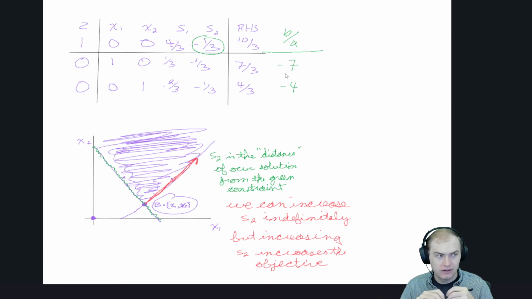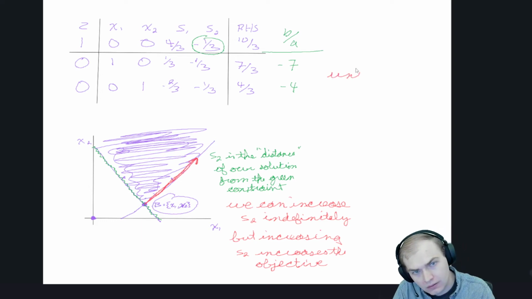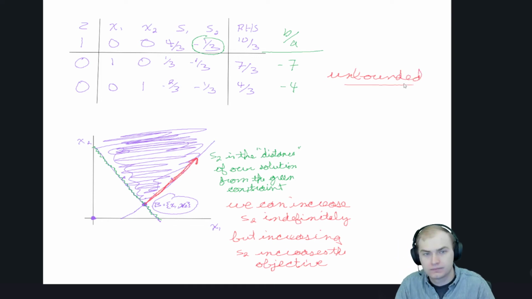So that's how we can identify an unbounded problem. So there's that. Are there any questions relating to that?